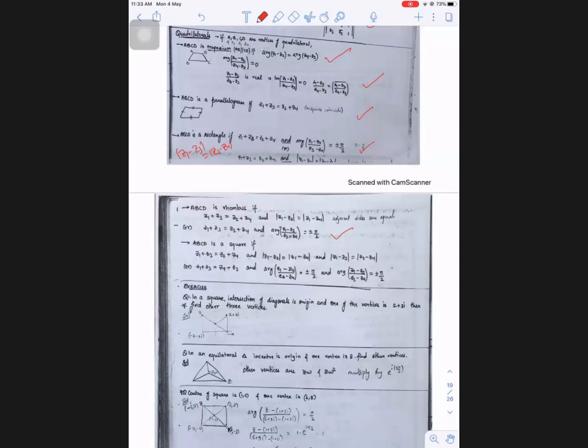And if you take rhombus and rectangle conditions together, then you get a square.